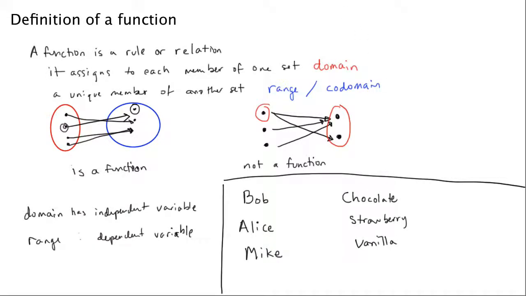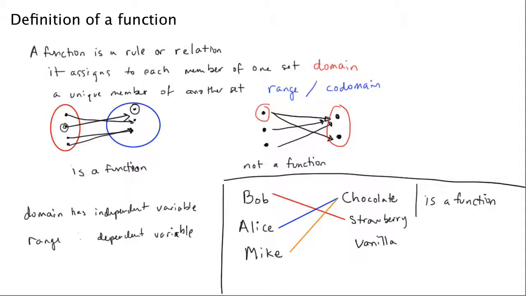And each person is going to select a flavor of ice cream. So let's say that Bob selects strawberry. That's fine. And let's say that Alice selects chocolate. And let's say that Mike also likes chocolate. So this is a function, and it is a function because each person has only selected one flavor of ice cream.